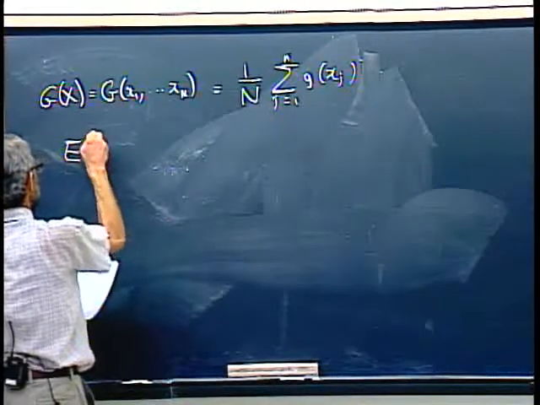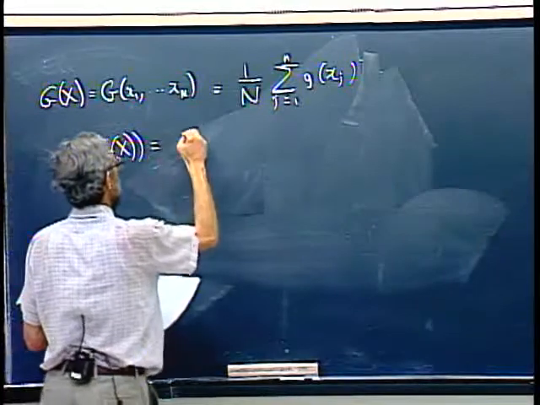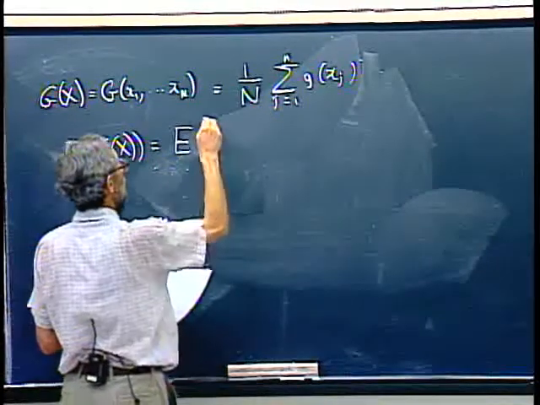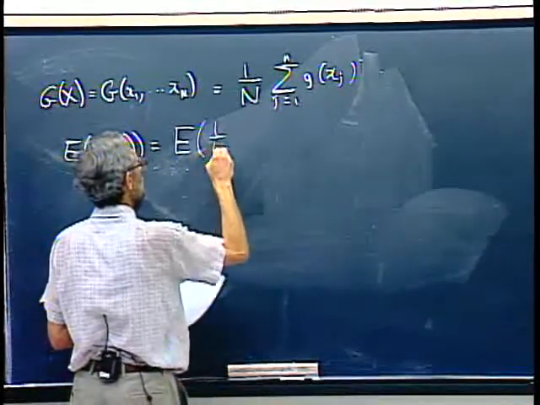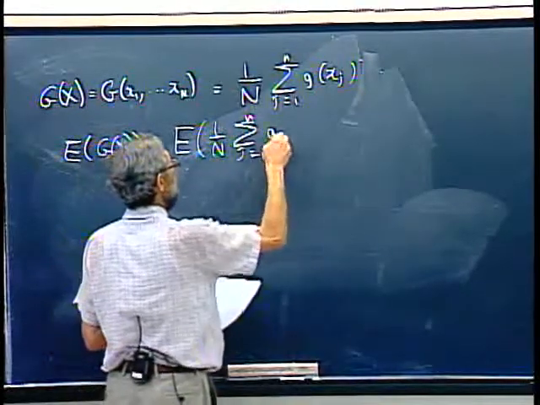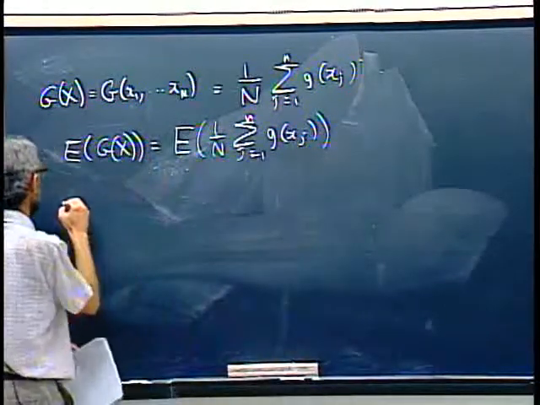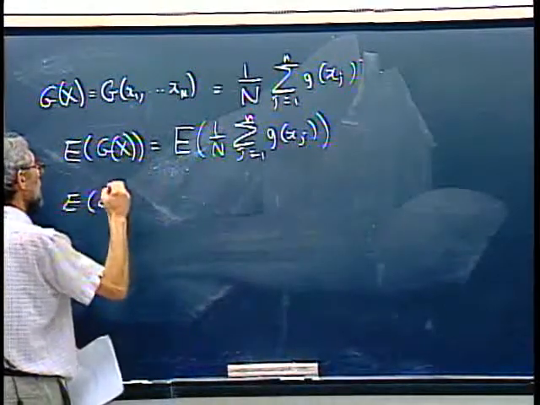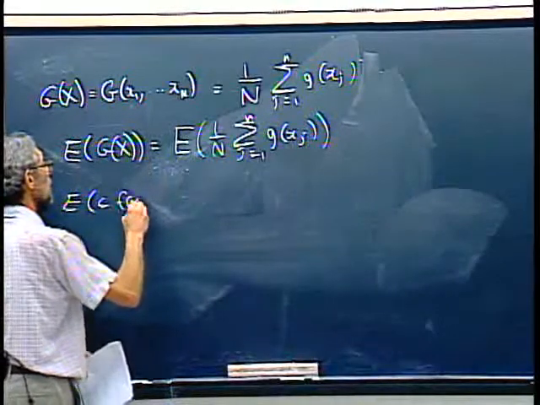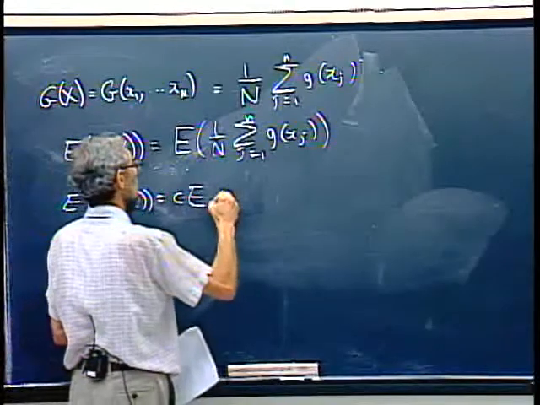Then the expectation of this average is the expectation of 1 over n times the sum j equals 1 to n of g of xj. Now, one thing I didn't show is that the expectation of a constant times a function is that constant times the expectation of the function.